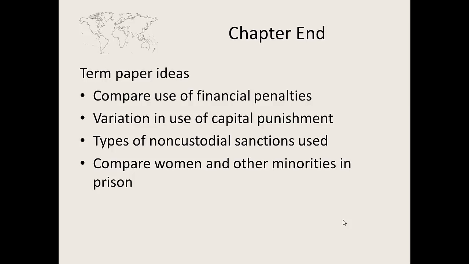Maybe you can find different ways that your countries are using non-custodial sanctions. And as I've said most recently, comparing the way that women and other minorities end up being responded to in a custodial manner, and what prison for women and prison for minorities looks like in different countries.